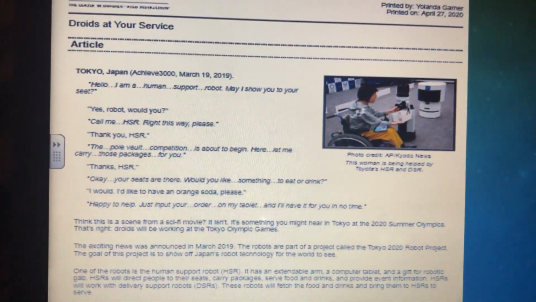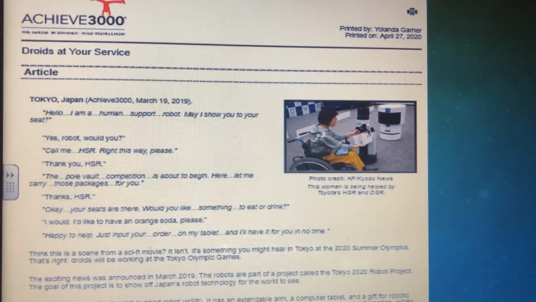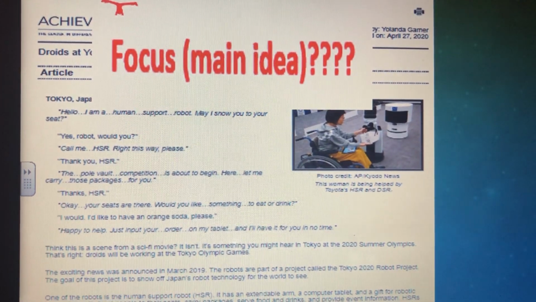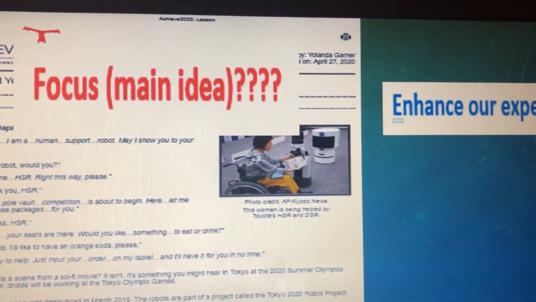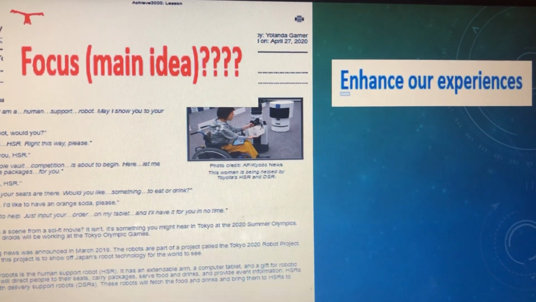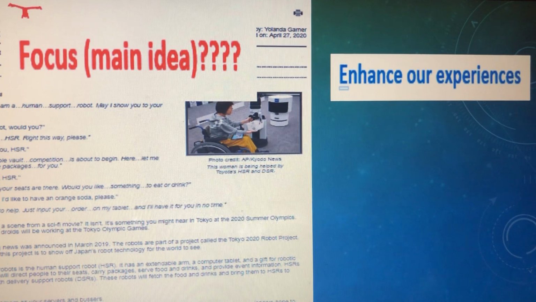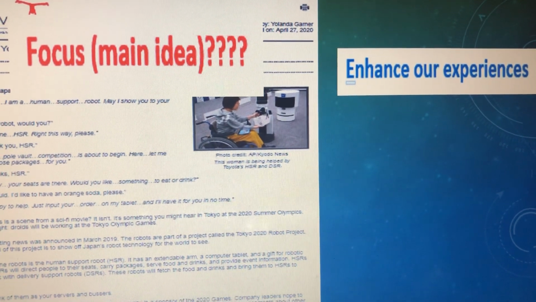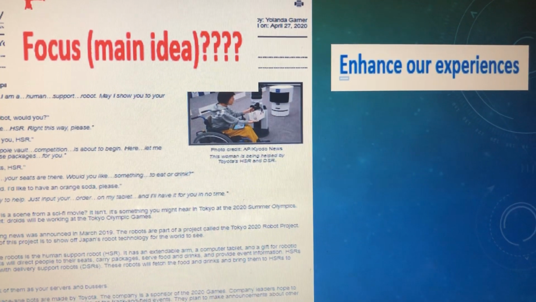So my first main idea, if I'm thinking about who or what this is mostly about, I would first of all say it's talking about how those droids, those robots, can enhance our experiences, right? Summer Olympics, that's an experience. Elderly people needing assistance, that's an experience.